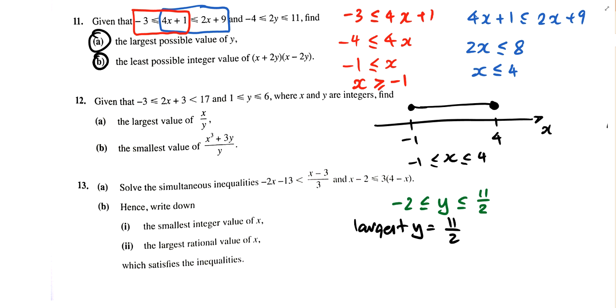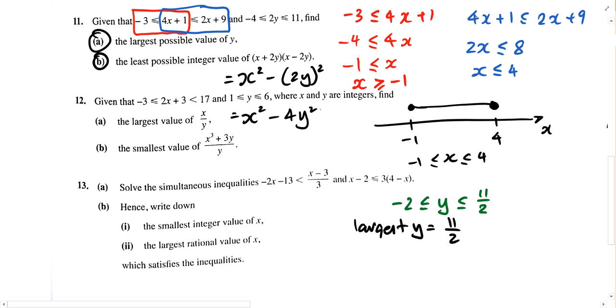The least possible integer value for x plus 2y, x minus 2y. Okay, this one you must recognize that it is the same as x square minus 2y square, which is the same as x square minus 4y square.